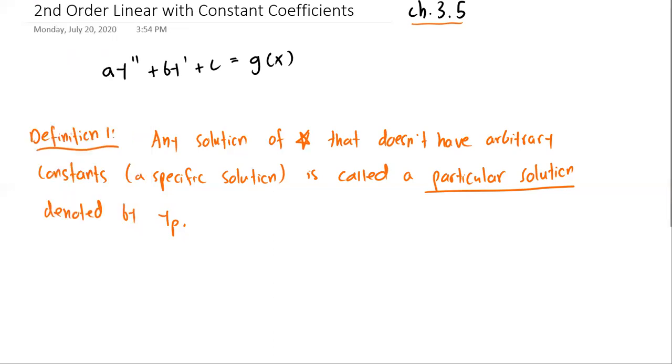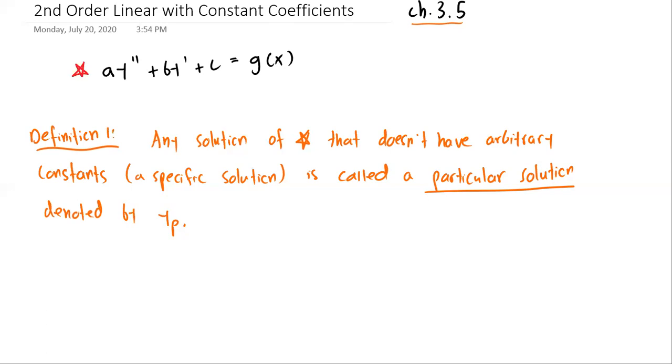Let me label this differential equation as star. Let's see what the definition is. Any solution of star, and star being this non-homogeneous equation, in fact this definition works in either case.